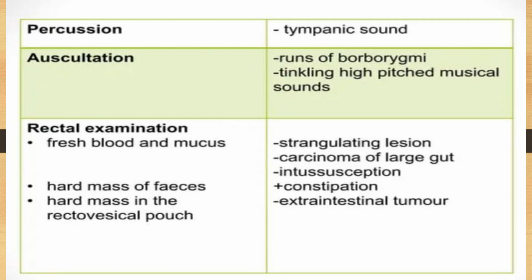Then you have to do a rectal examination as a part of the abdominal examination in a patient with intestinal obstruction, because sometimes the finger is stained with blood or mucus, showing some lesion inside, like some malignancy, or you can find some hard mass of feces, or any mass in the rectovesical pouch can be felt on rectal examination.